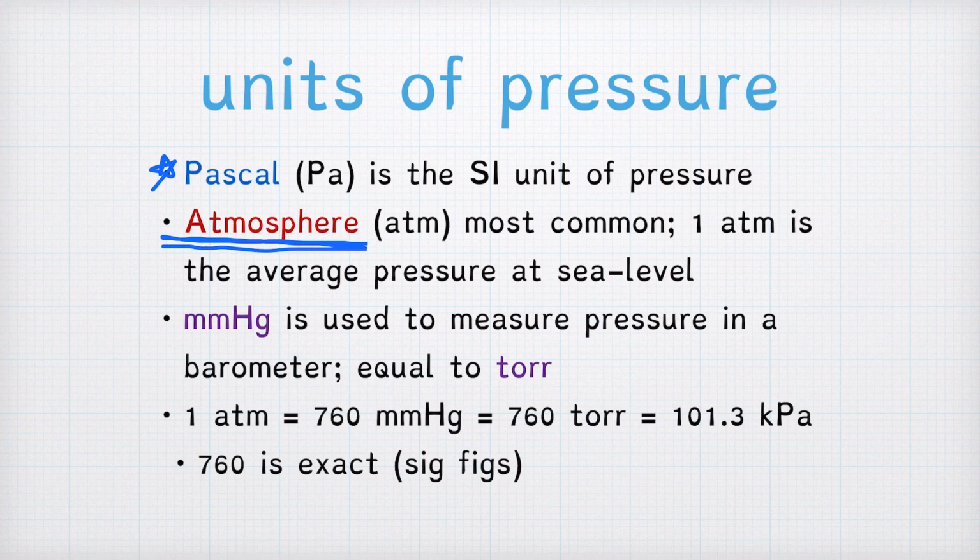The Pascal is 1 Newton over 1 square meter. And a Newton is a relatively small amount of force, and a square meter is a relatively large amount of area. And so the Pascal is very small. The atmosphere is comparably much larger. So as you are sitting watching this video, you are under about 1 atmosphere of pressure.